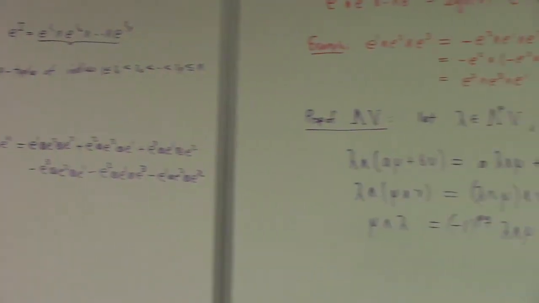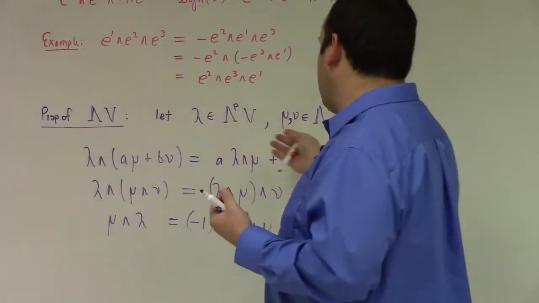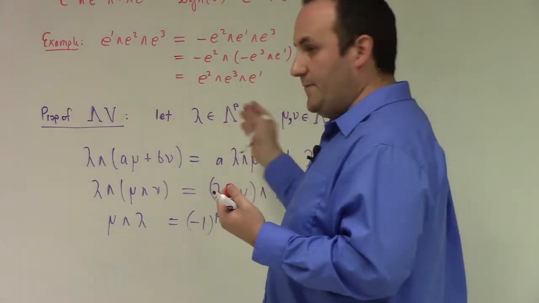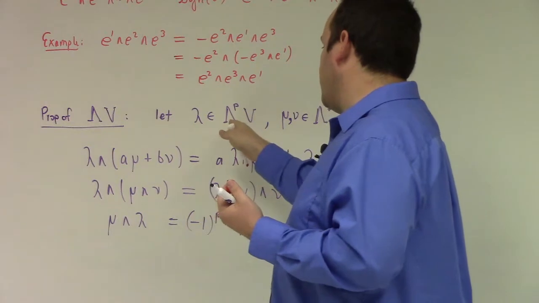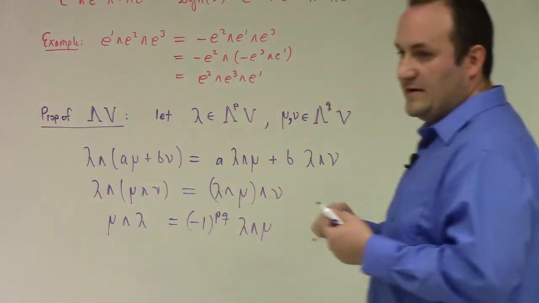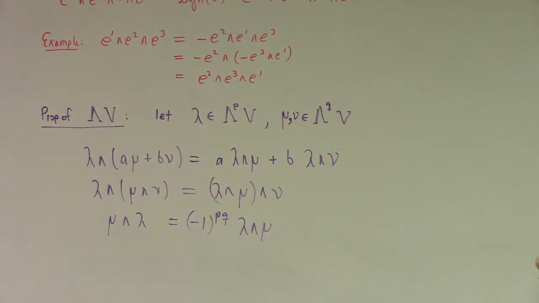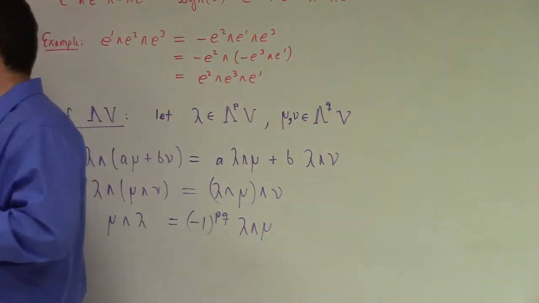Generally speaking, I would say that lambda is a p-vector and mu and nu are q-vectors. If I put a dual here and here, then I would say lambda is a p-form, and mu and nu are q-forms. That's my typical language. Okay. But of course, we've only really defined at the moment the wedge product for basis forms.